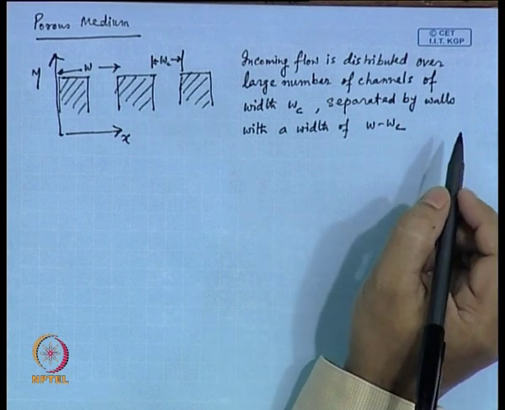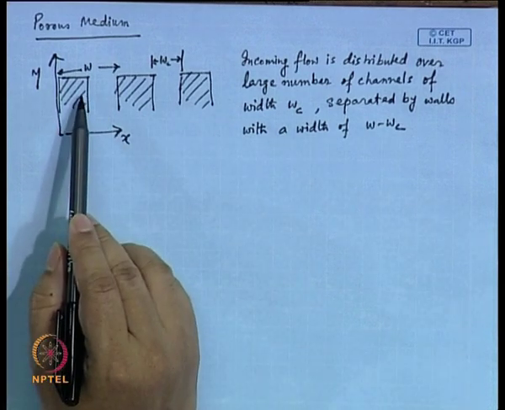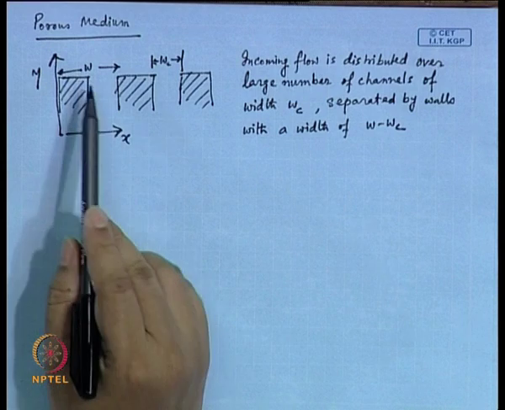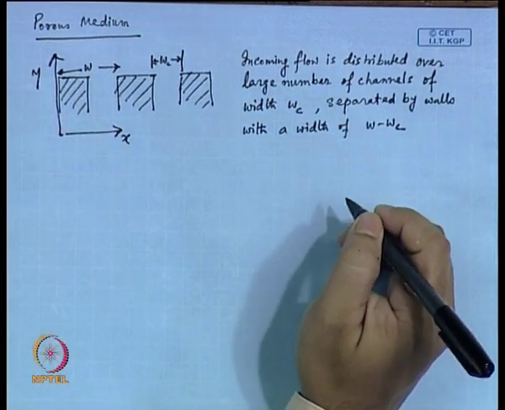So, there are walls, the width of the wall is W minus W c and the width of the channel is W c. This should be understandable.